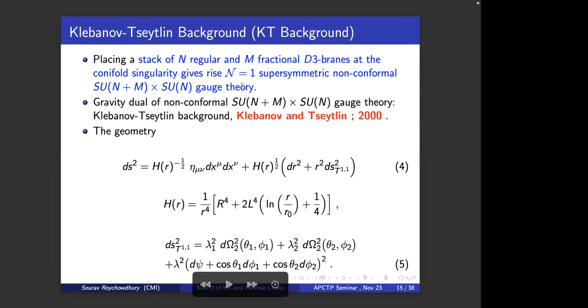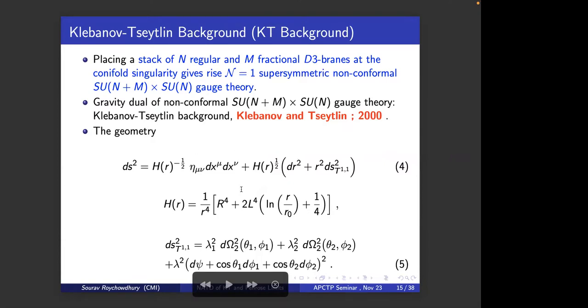Apart from N regular D3 branes, they considered M fractional D3 branes, which are wrapped D5 branes, wrapping the cycles. They end up with an N=1 supersymmetric gauge theory with gauge group SU(N+M) times SU(N), where N is very large. However, this theory is no longer conformal due to the presence of the fractional D3 branes, or wrapped D5 branes.